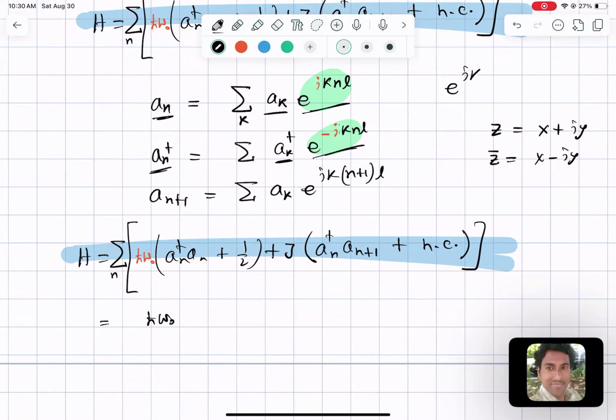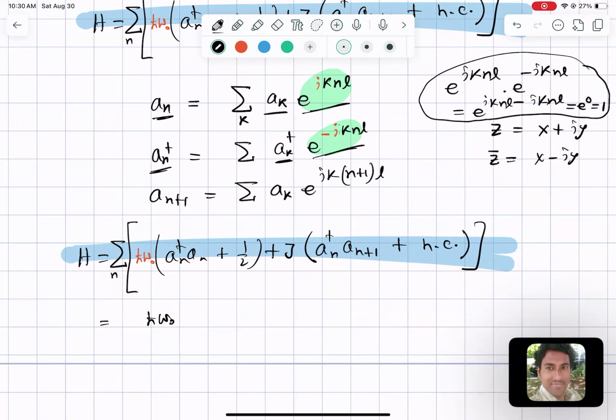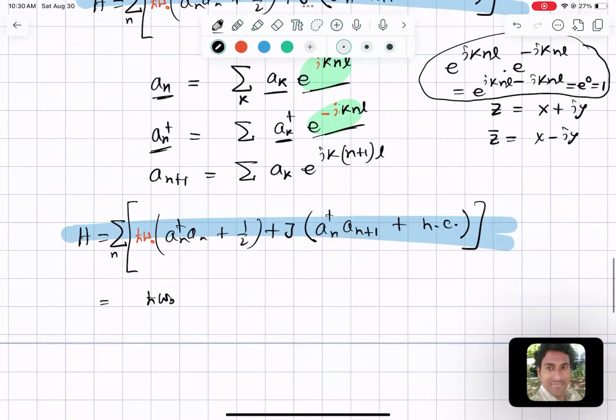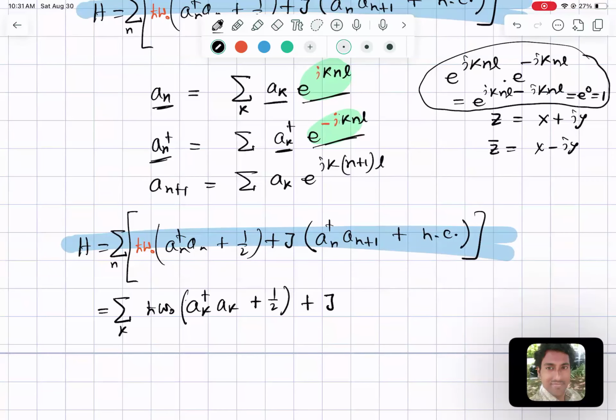So e to the power i K n L times e to the power minus i K n L equals e to the power i K n L minus i K n L equals e to the power 0 equals 1. Okay, that means the first term would be a_K dagger a_K plus a half. And now we have sum over K instead of n, plus J, and here we have a_{n+1}.